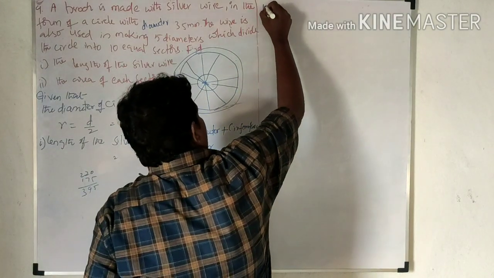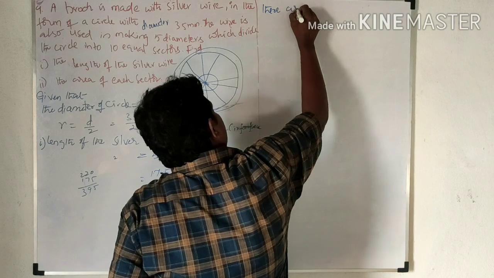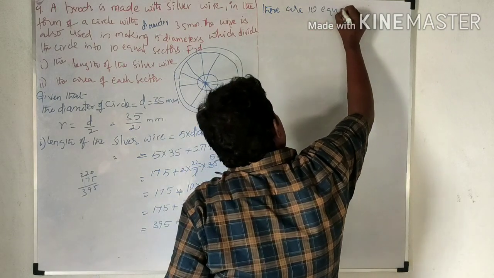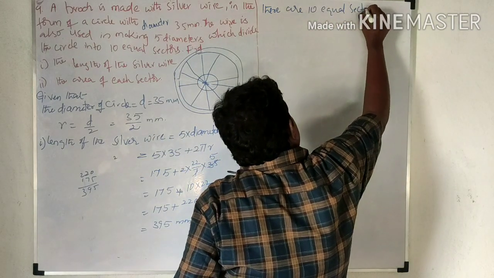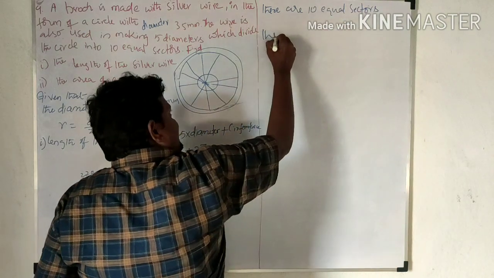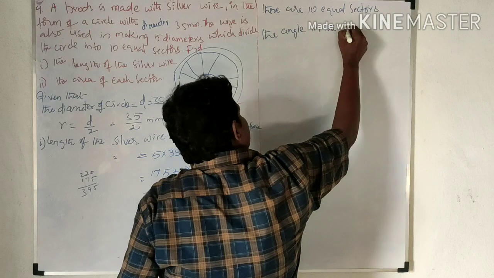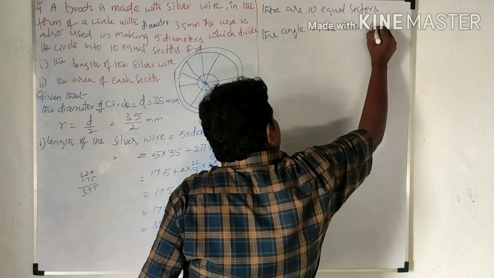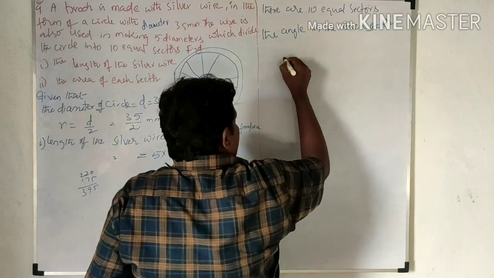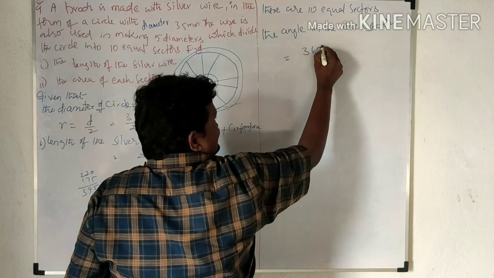Now there are 10 equal sectors. So the angle in each sector: the total angle at the center is 360 degrees.